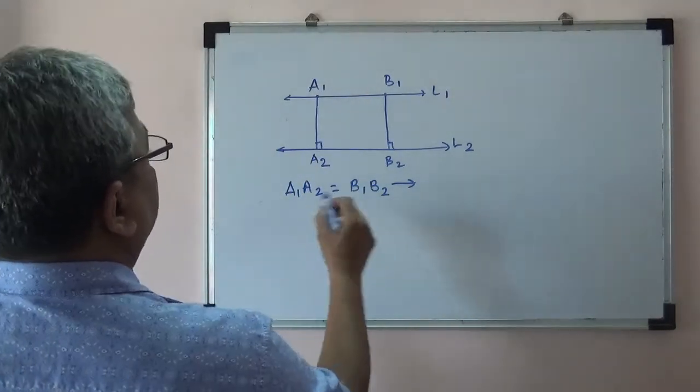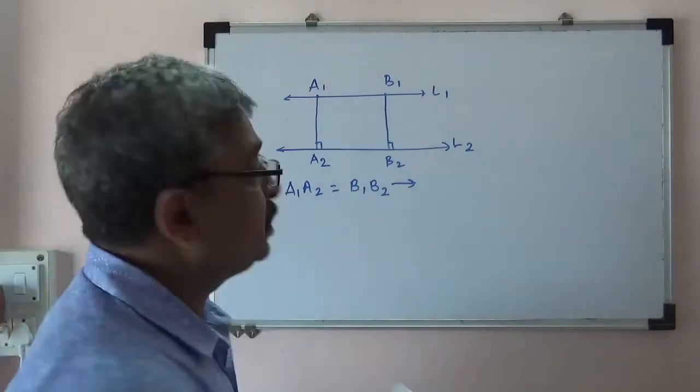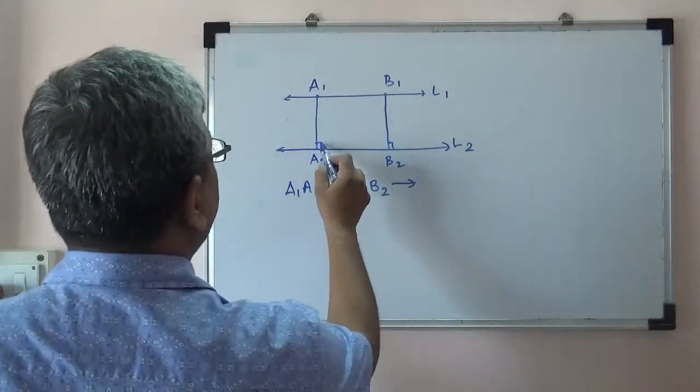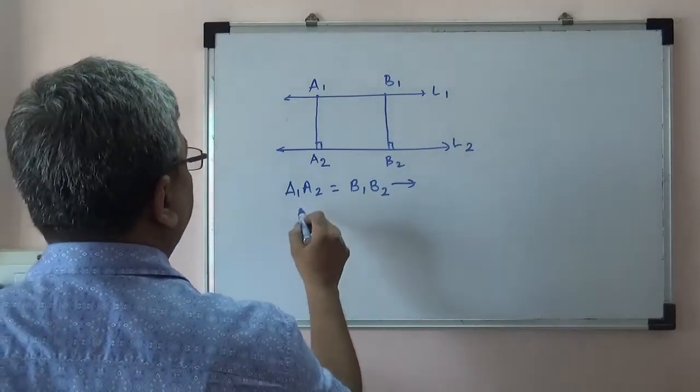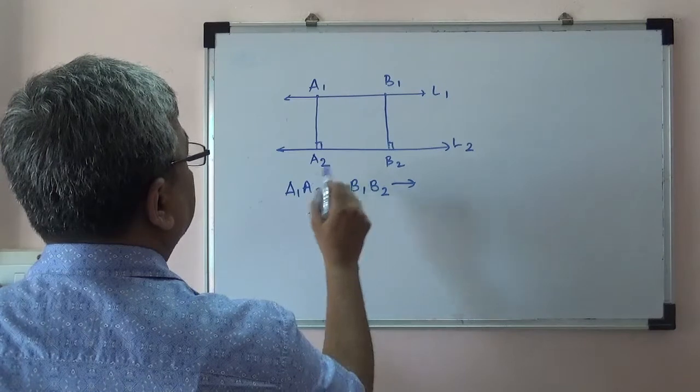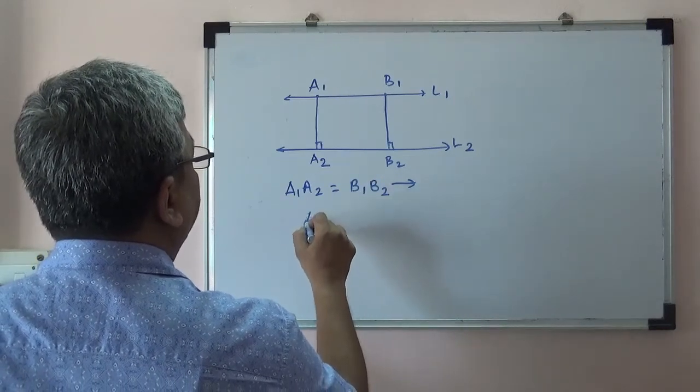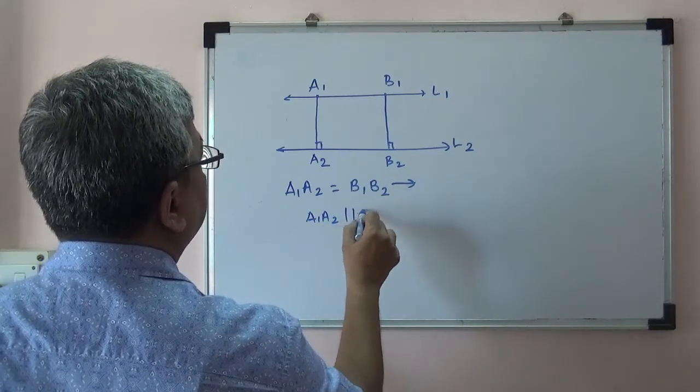Now, this is very simple because the moment you draw perpendiculars, these two form a pair of corresponding angles, and therefore by the corresponding angles property, A1 A2 is parallel to B1 B2.